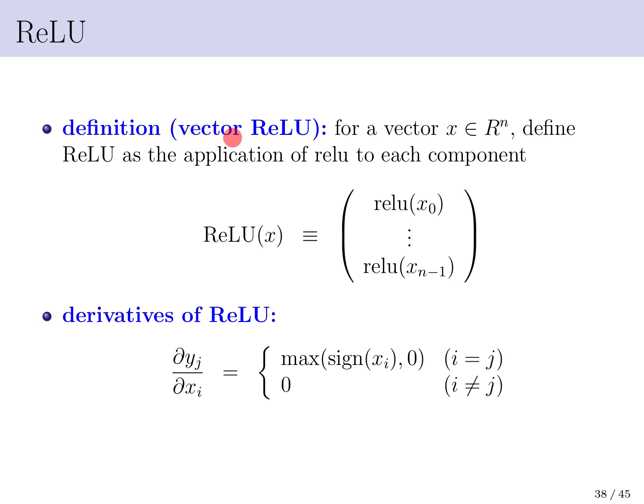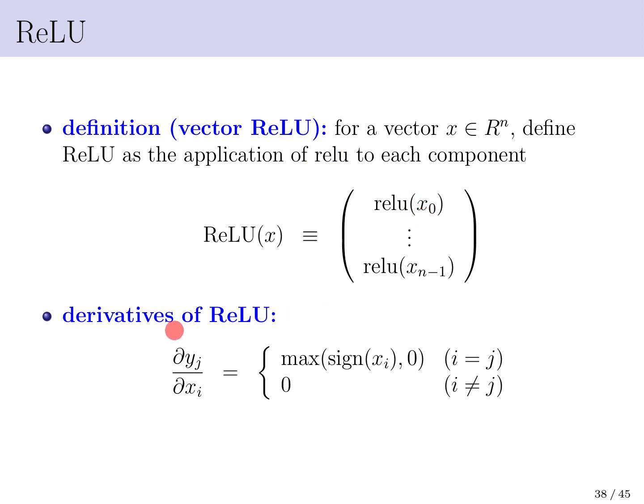So this is the vector version of ReLU. I write these capital letters just to signify that this is applied to a vector. So it is simply the application of small ReLU to each component like this.